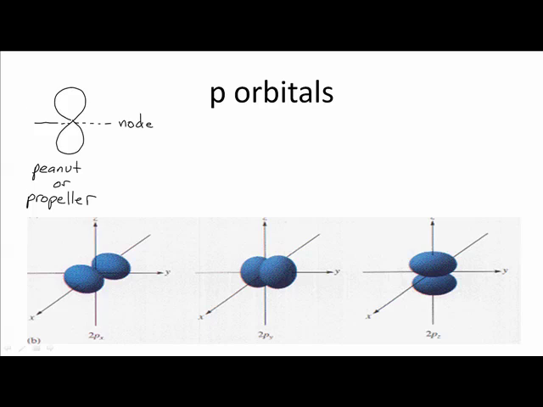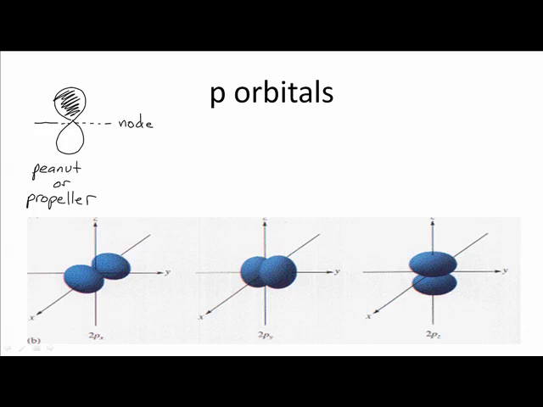One will be positive, one will be negative. Remember that just applies to the value of the function, and it doesn't mean that the electron's positive when it's on one side or negative when it's on the other. It's just important for when we combine orbitals. But when we draw p orbitals, we often draw them like this, with one side shaded to represent that.